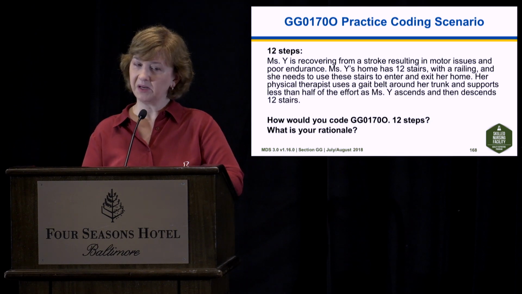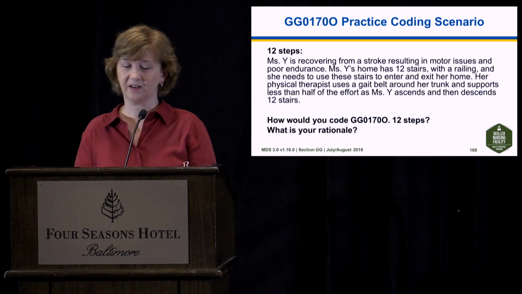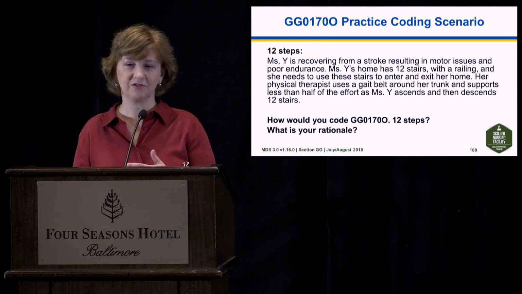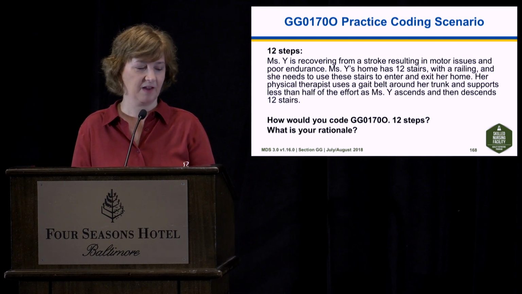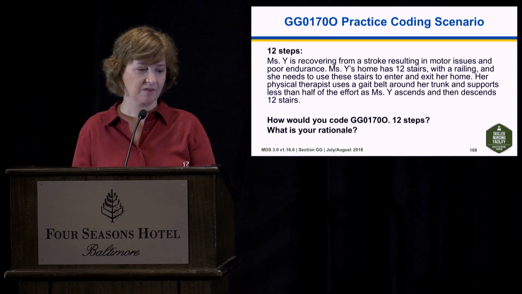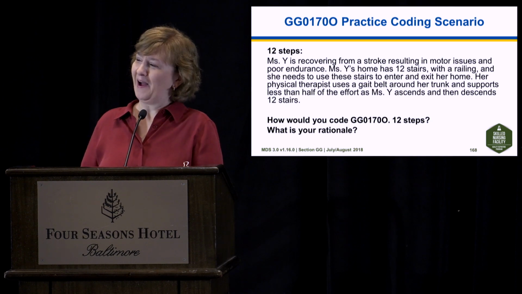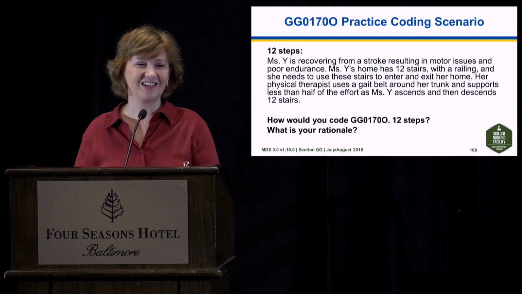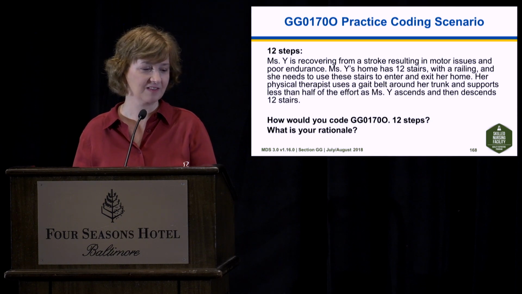So probably in most instances, 12 steps is going to be a hard activity for many of the residents that you work with, so you're probably in general going to see lower scores, even perhaps as the residents are being discharged. So in this instance, there's a gait belt involved, so that tells me that there's definitely concern about the person's safety and that assistance is important for safety reasons.